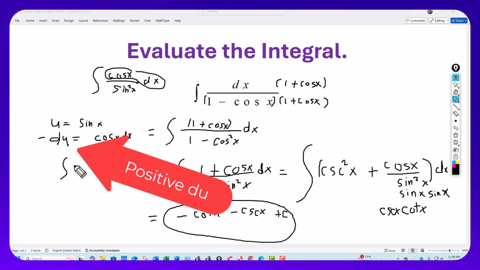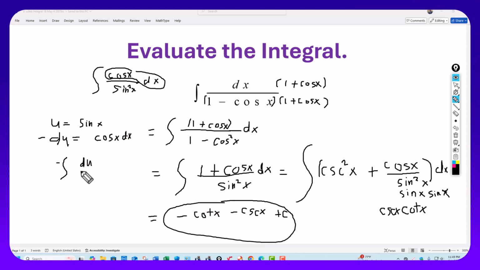It's the integral of cosine of x dx, that's your du. And then the sine is the u. So this would be u squared. And that goes upstairs. This will be u to the negative 2 du.